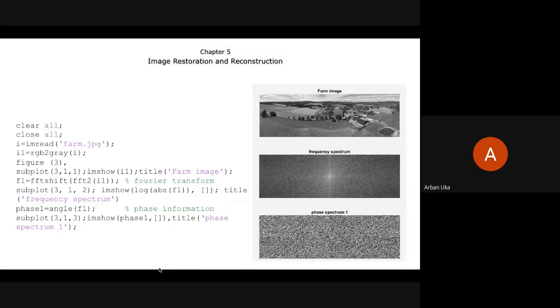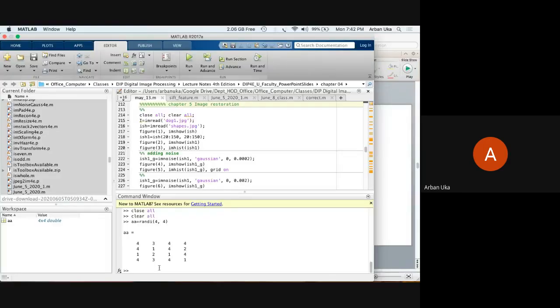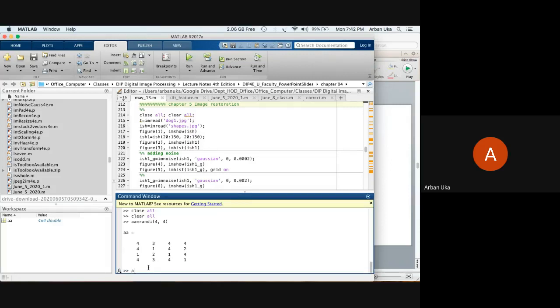And then the next step, what we want to do is find F1, for which we use the Fourier transform initially and the shift. So let's say this is AA Fourier transform, and then shifted. This is equal to FFT shift of the FFT2.